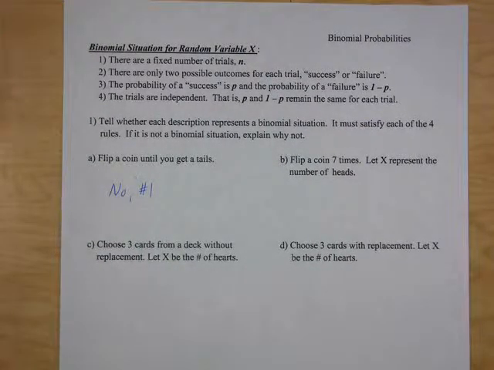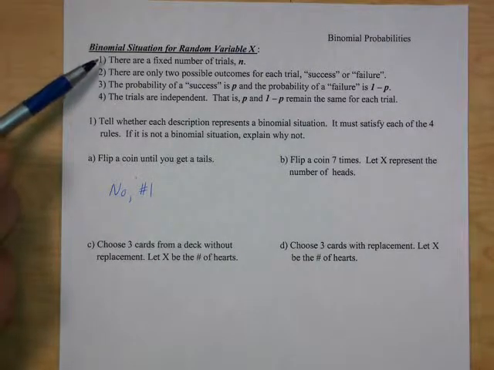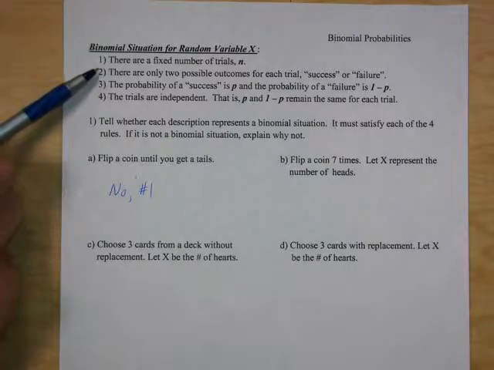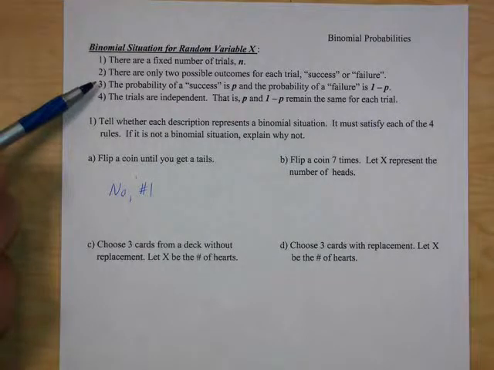B, flip a coin 7 times. Let x represent the number of heads. Well, if we flip a coin 7 times, now there is a fixed number of trials, so 1 is satisfied. 2, there are only 2 possible outcomes for each trial, success or failure. If x represents the number of heads, you can say getting a heads is a success, getting a tails or not heads would be a failure, so that's okay. 3, the probability of success is p, failure is 1 minus p.